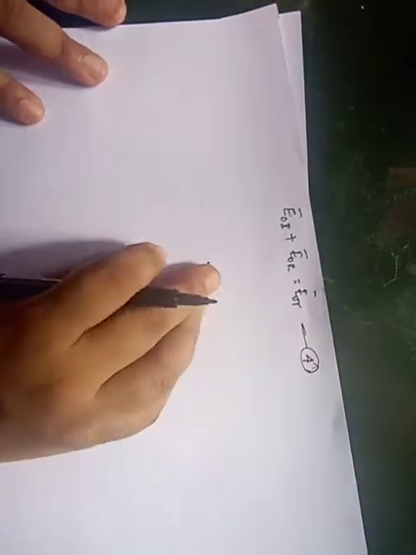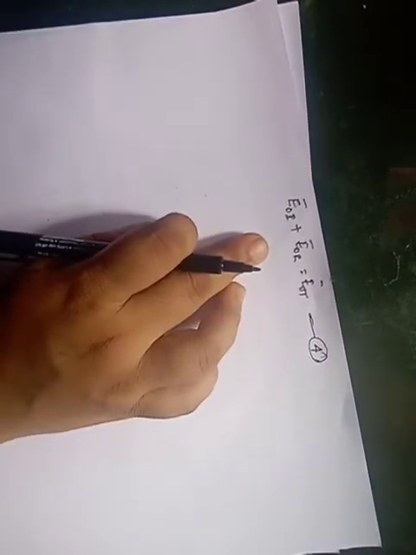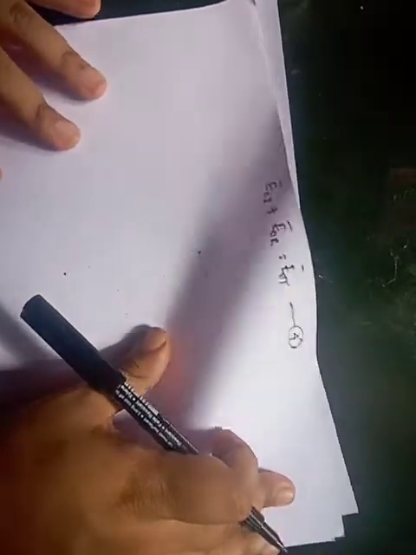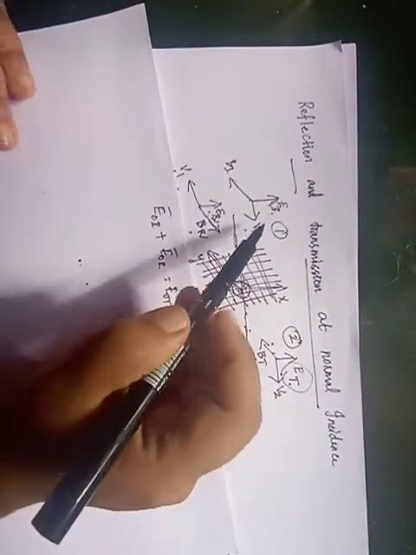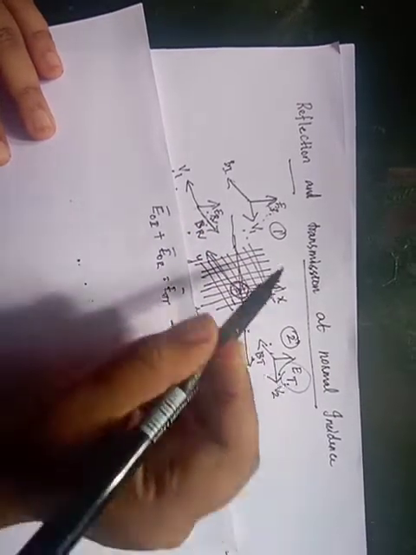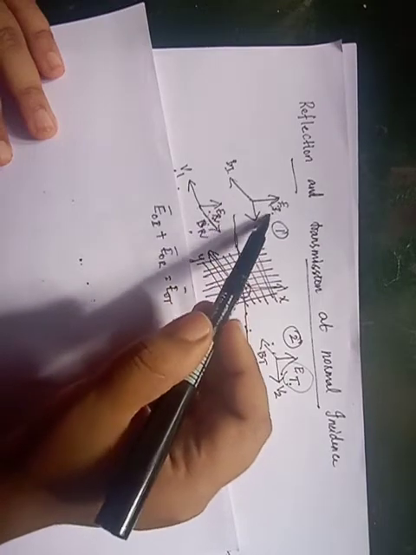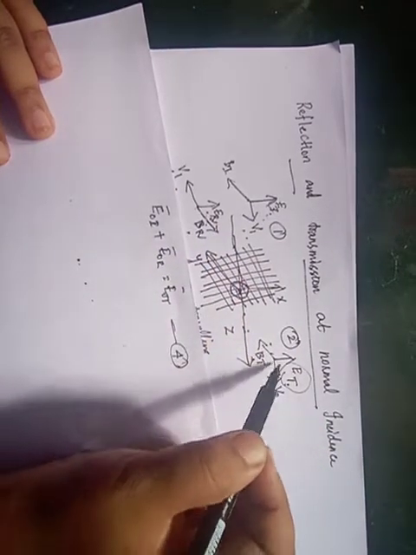On the left hand side we have the electric fields EI and ER, which equal ET. So EI plus ER, which is nothing but E naught I plus E naught R, is equal to E naught T.